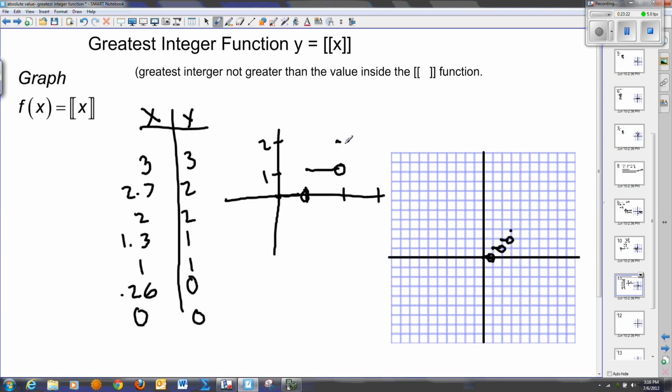And I continue to go all the way until I get to 3. Another word for this is a step function, because it looks like a series of steps. So my suggestion for graphing any of this stuff is to pick some integer values and then pick decimal values between those integer values to continue to learn how to graph it.